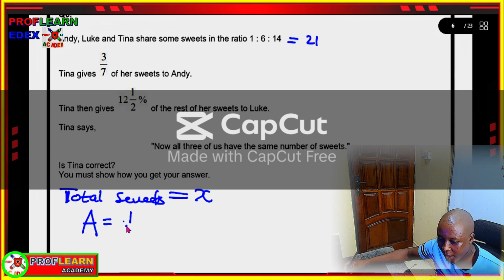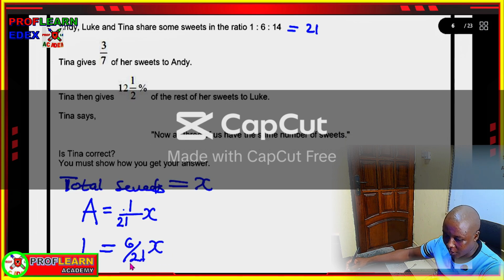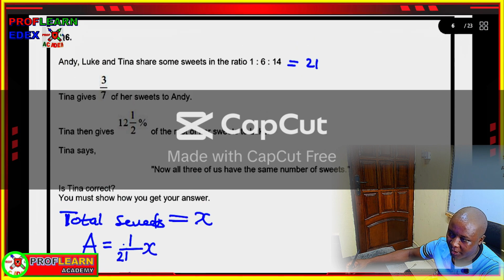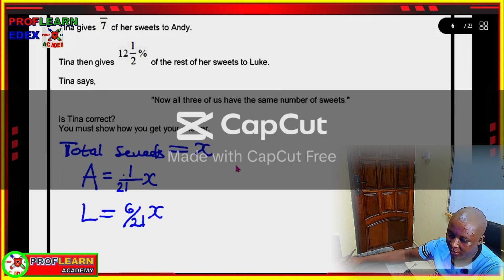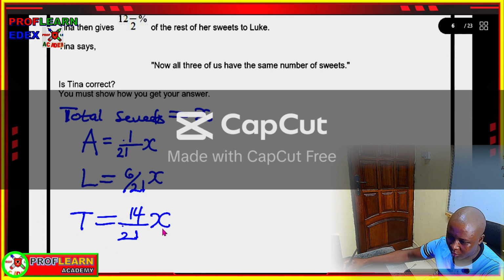So Hadi gets 1 over 21 of the x sweets. Luke is going to get 6 over 21 of the sweets, and Tina is going to get 14 over 21 of those sweets.